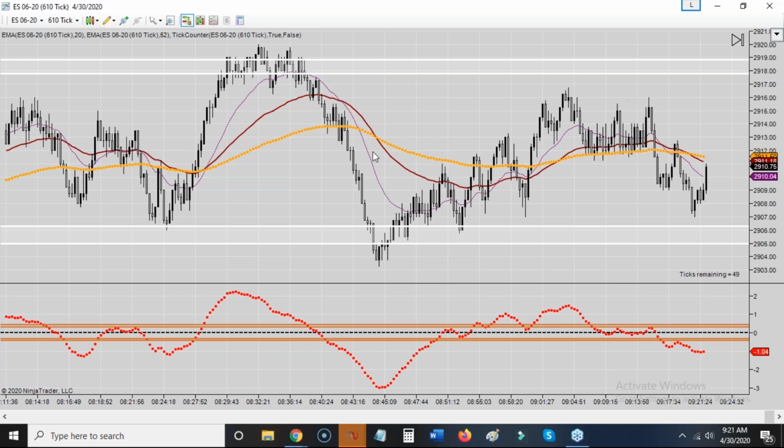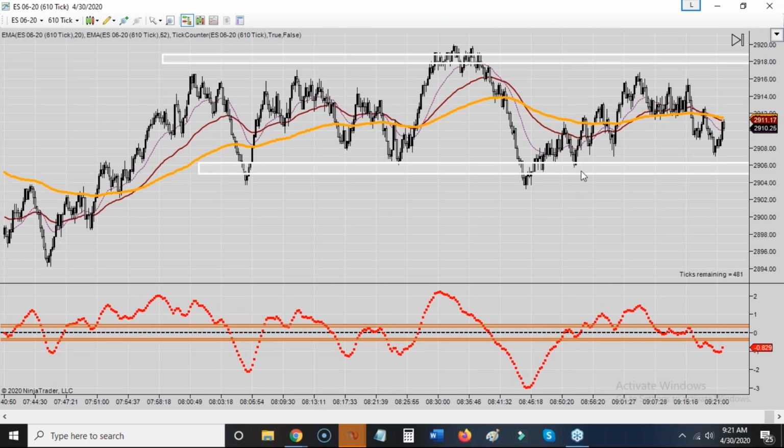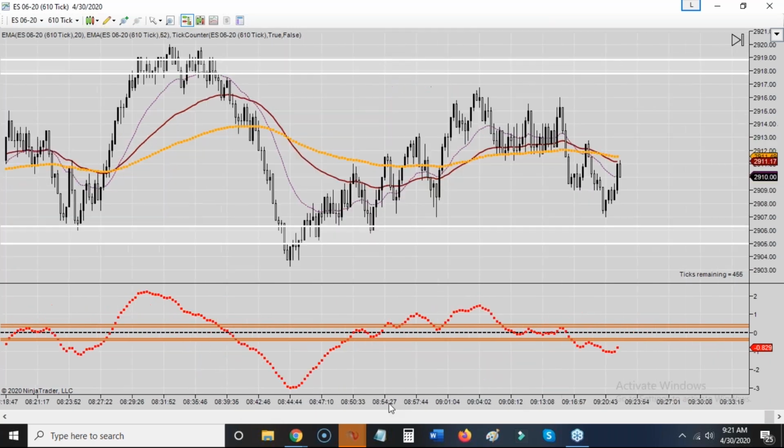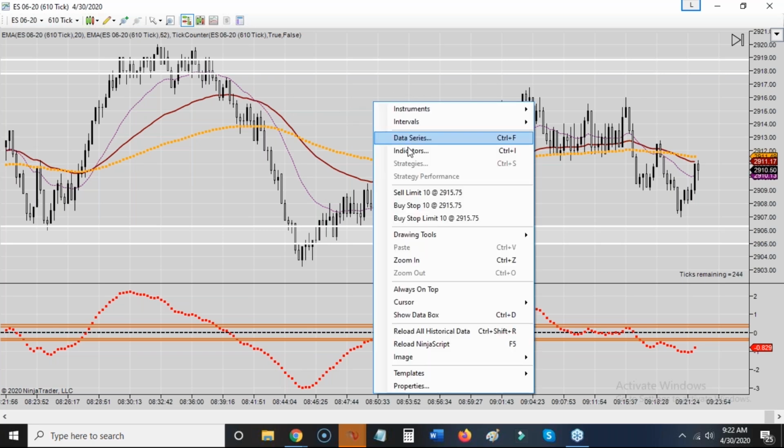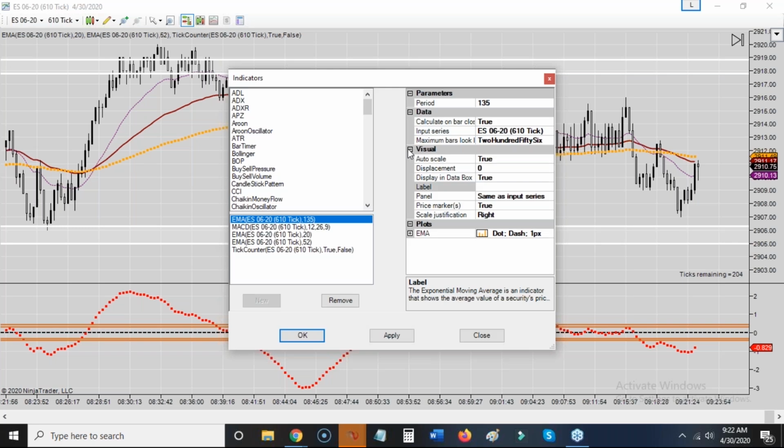So here's a good example of a sideways market and why there's massive indecision. Everything I do is off of my red and purple lines. I'm going to talk about my indicators really quickly so you understand them. I use EMA lines, the exponential moving average. I use 3 of them.